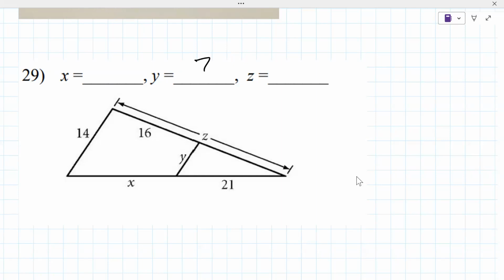Z is the whole length, and one of the lengths is 16. So what is the other length? Also 16? Yes. Yeah, let's see that now. So 32. I think you said 21 for X. Yep. Okay.